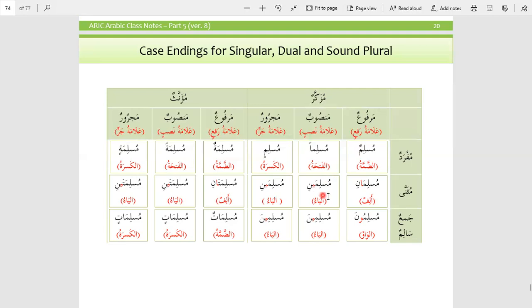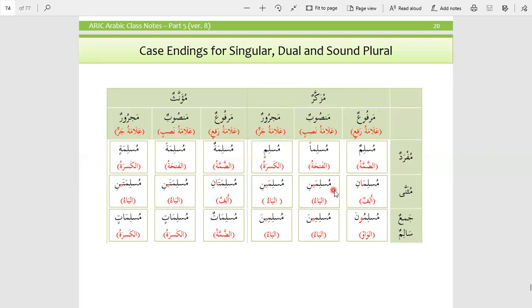Let's look at the mansubun case. Muslimayni, also Muslimayn. The ya, we've got a ya here, which is the alamatu nasbin. It is mudhakkar, mutanna, which means there are two Muslim men, but this word is in mansubun case.